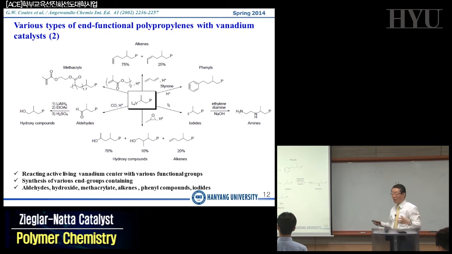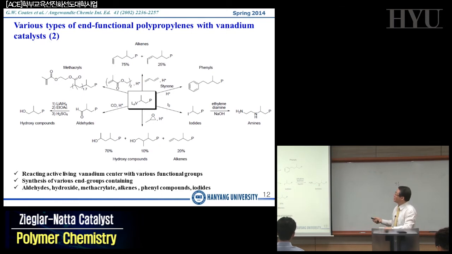So by using all this organic chemistry, you can make the final functional groups attached at the end of your polypropylene growing chains. This way, you can make it a little bit hydrophilic. You can make a functional group that could be further reacted with other systems.